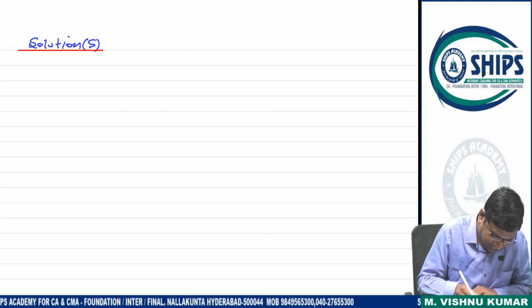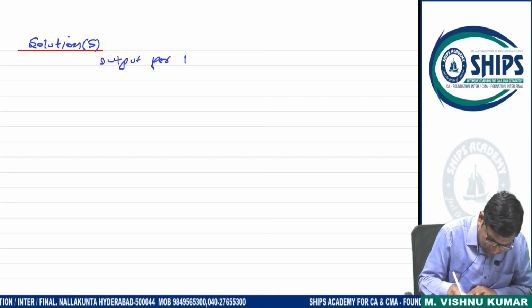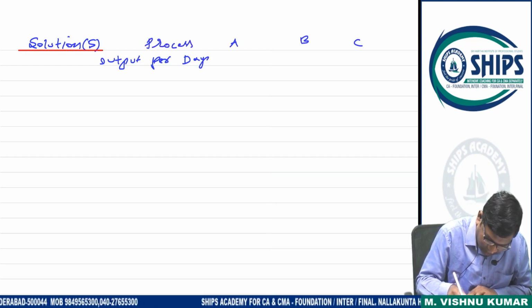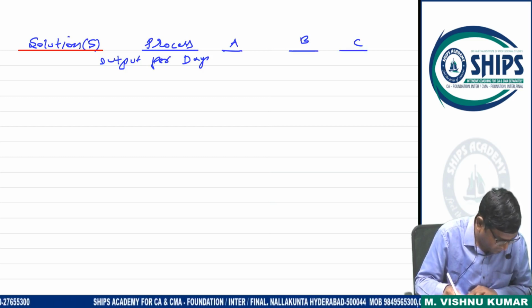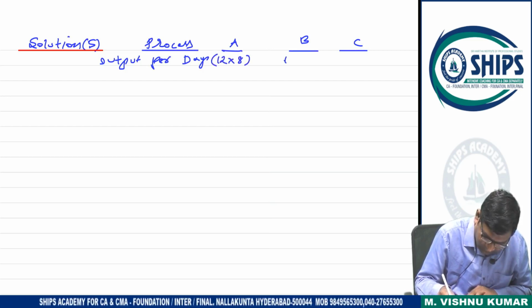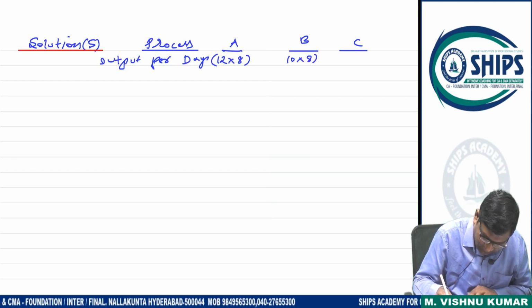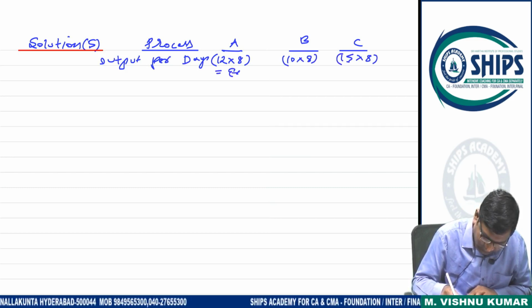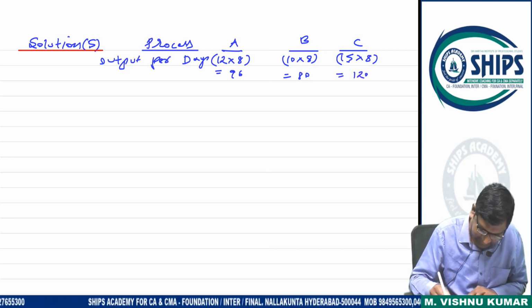So first we are calculating the output per day for process A, B, C. This is output per day: 96, 80, 120.